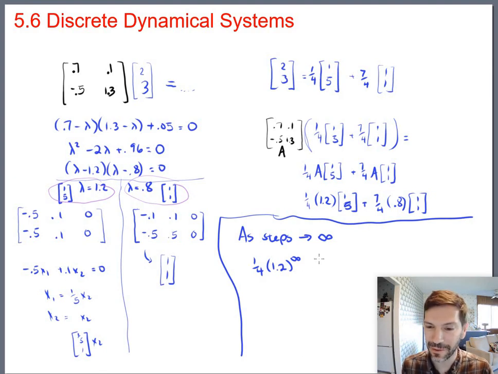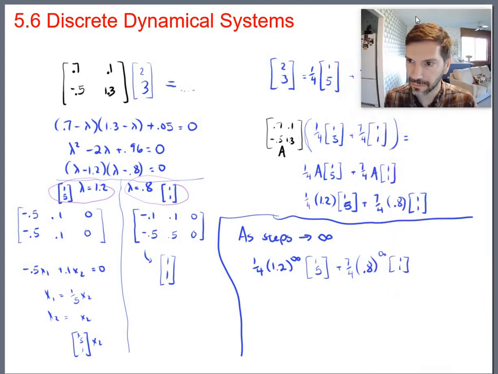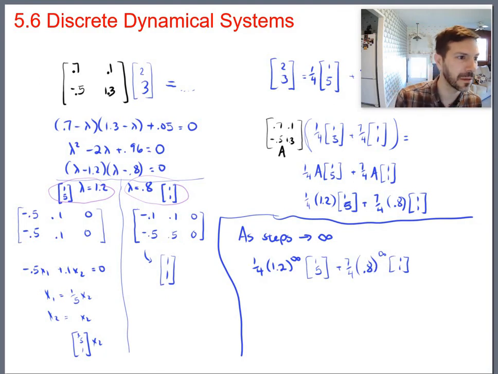We're getting 1.2 to higher and higher powers, and 0.8 to higher and higher powers. I need to move my face out of here. And keep in mind what happens to 0.8 as you multiply it by itself over and over and over again.